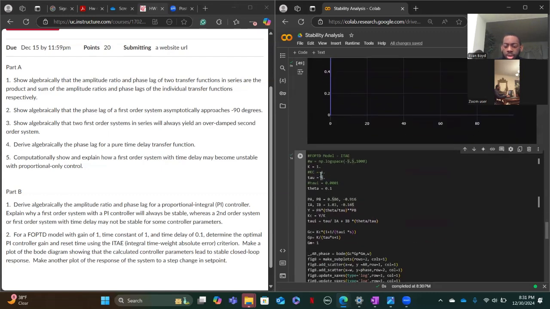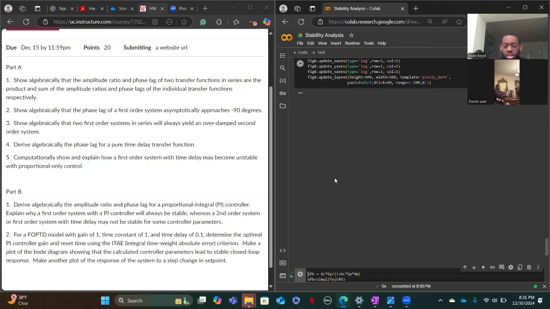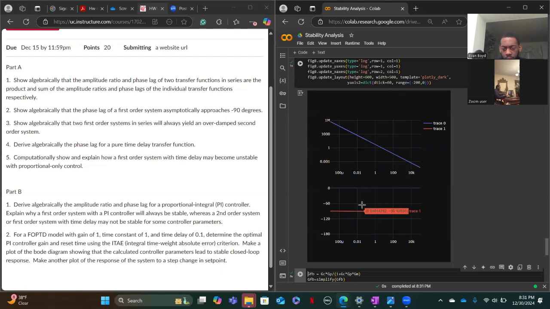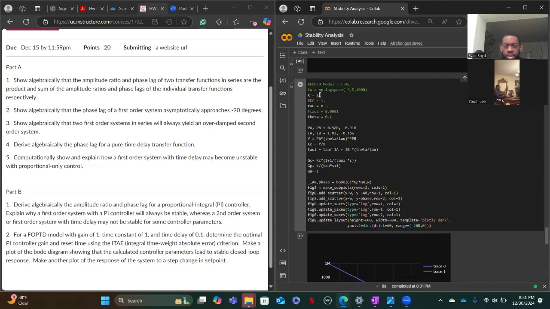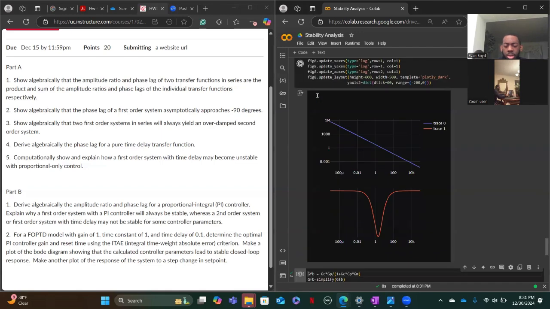Let's try 0.5. Oh, there we go. Let me see. We have it to what? 2.11. It's getting smaller. Let me also do my K value.